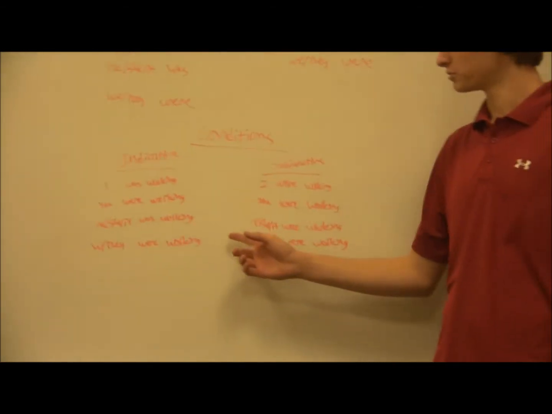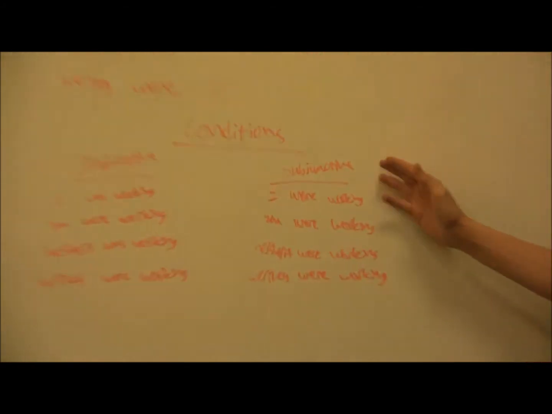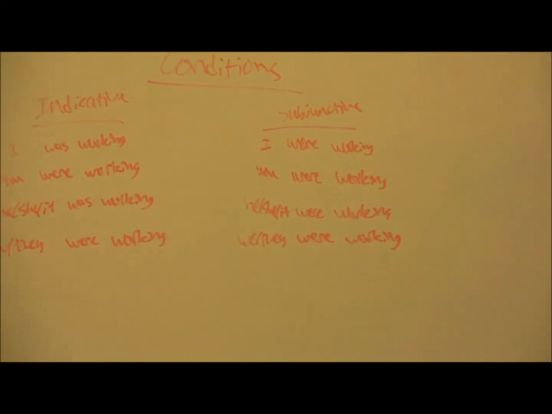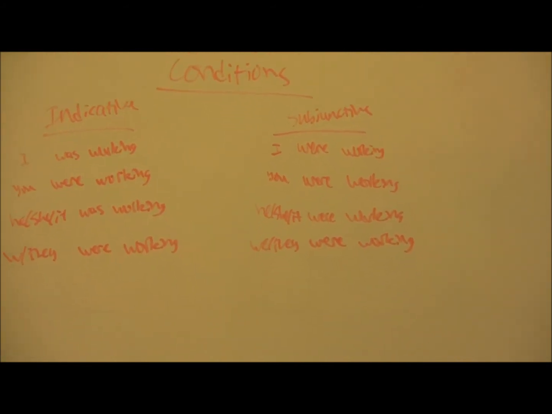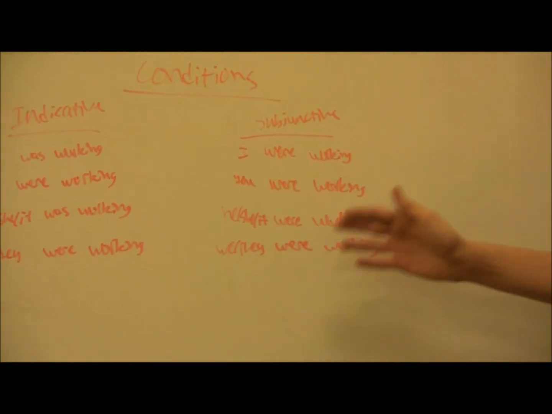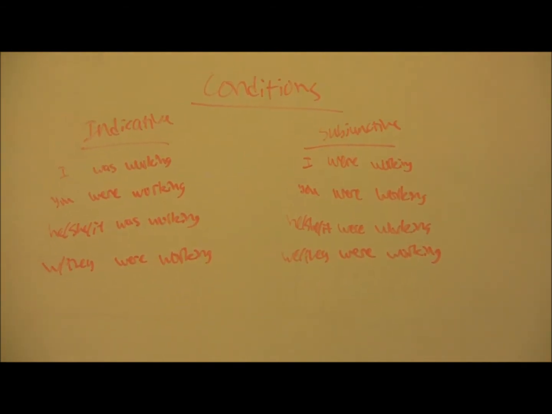And some conditions in the indicative: I was working, you were working, he, she, or it was working, and we or they were working. And here again, the change is I were working, you were working, he, she, or it were working, and we or they were working. So the only changes in these two are in the he, she, or it category.